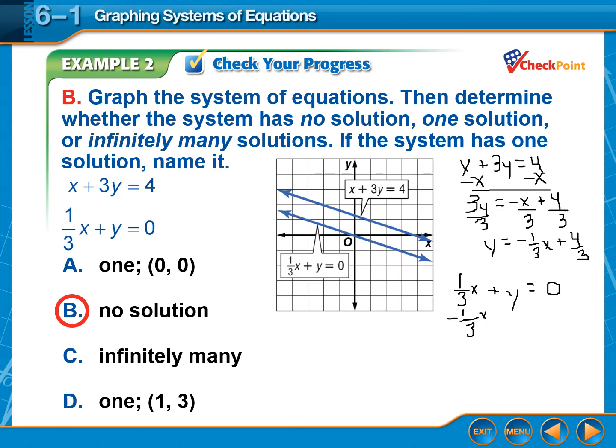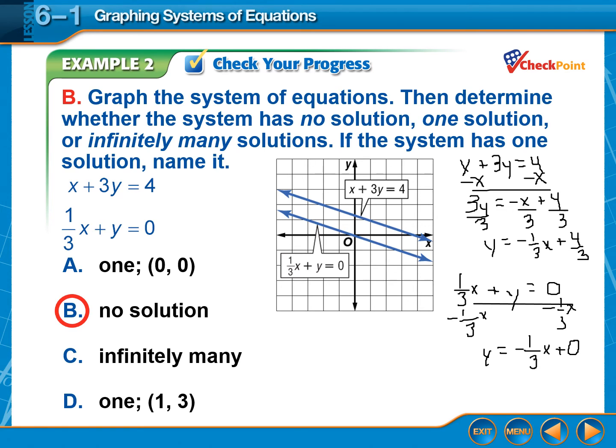So I take it away from there and I move it here. Negative 1/3 x. So my equation is that y is equal to negative 1/3 x plus 0. And I don't need to write the plus 0, but it helps to identify it in this case.